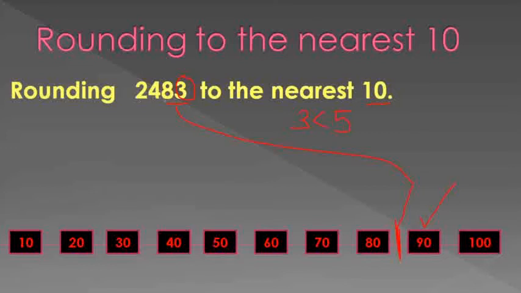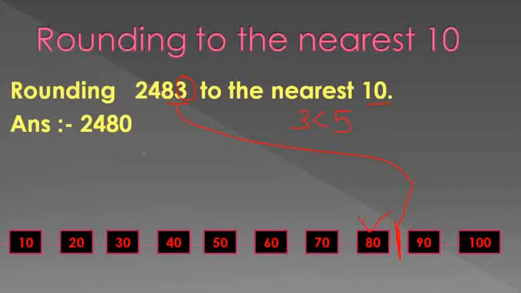So the number will become 24... Sorry, we will round down this number. Very sorry. We will round down this number. We will convert this 83 to 80. So the number will become 2480.